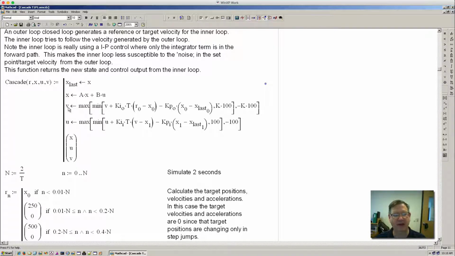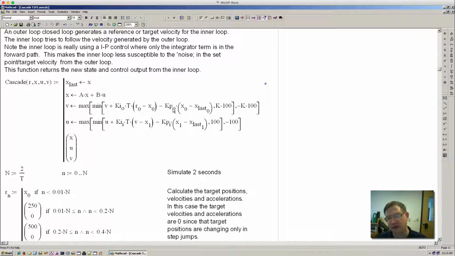The outer loop generates a target velocity for the inner loop to follow. So this is just a simple PI control. You can see that the integrator is acting on the error between the target and actual position. And then this is just looking at the difference in the position from the current position to the last position for the proportional term.